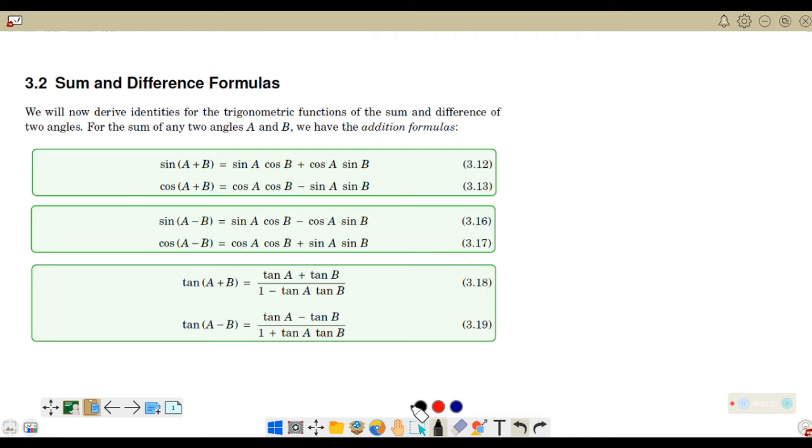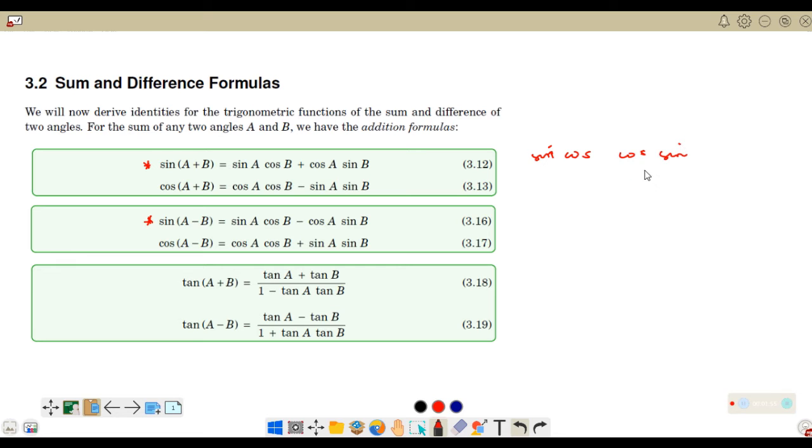Ang tatandaan nyo lang, whenever we are dealing with sine, it is always in the format of sin, cos, cosine.